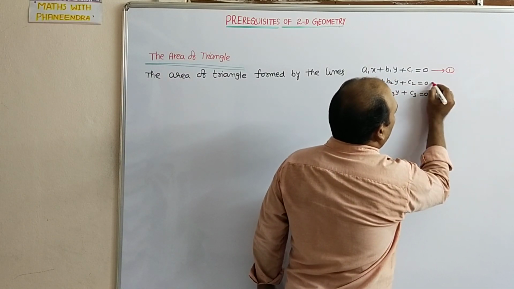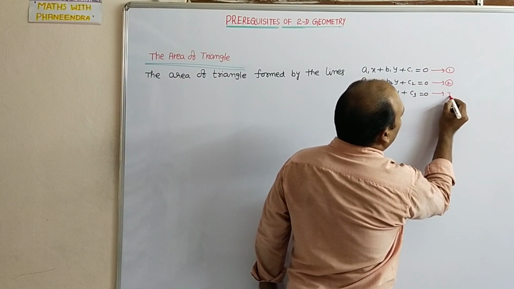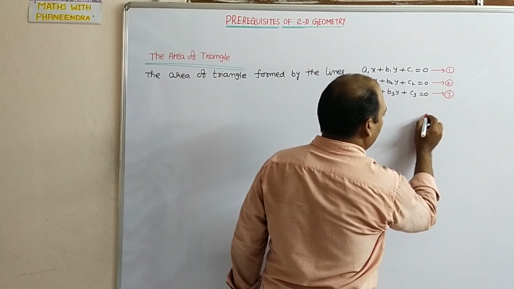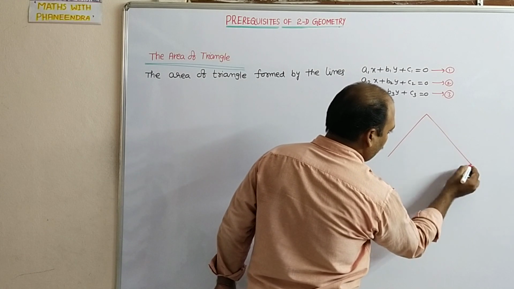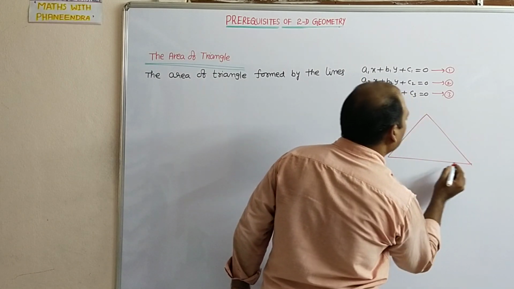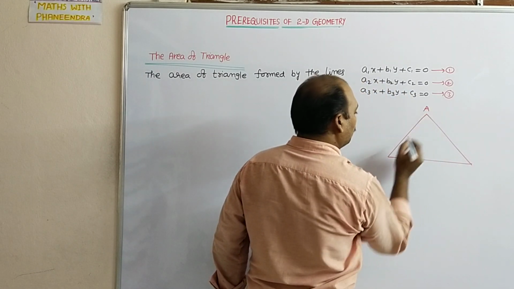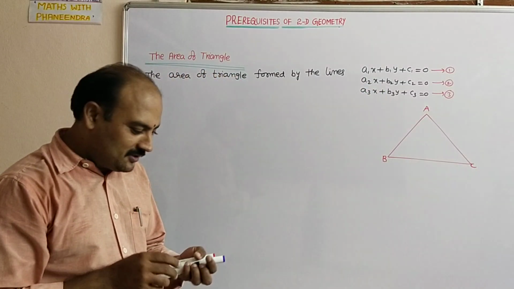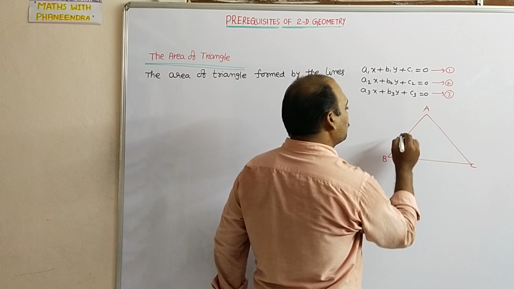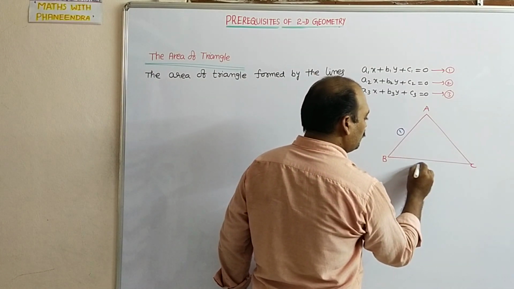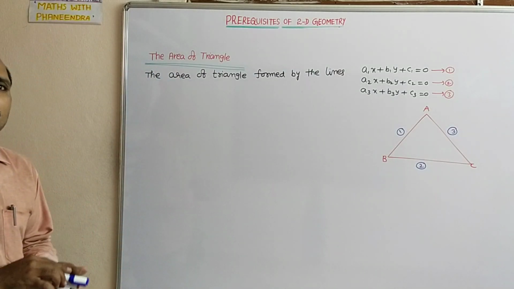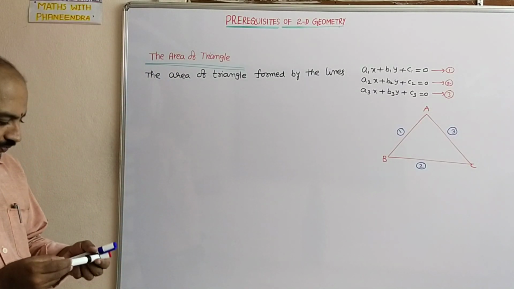This is equation number 1, equation number 2, equation number 3. No need to calculate the point of intersection of the lines. So one simple way I am going to teach you.